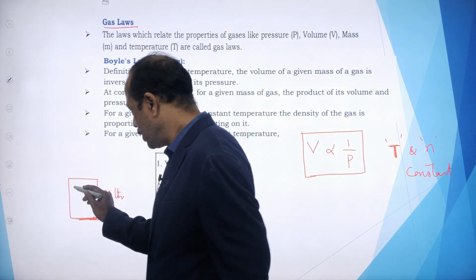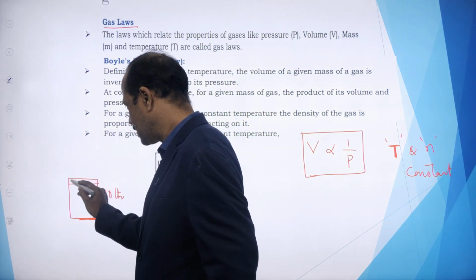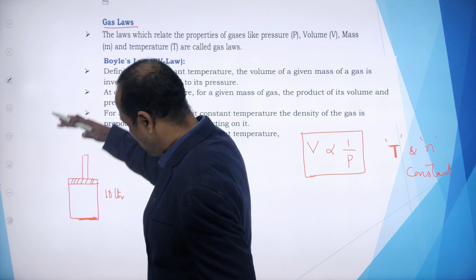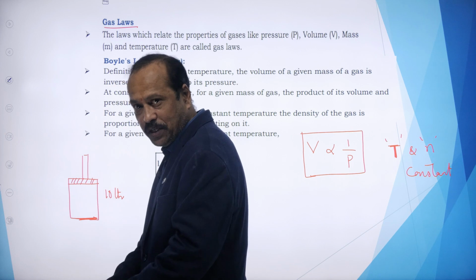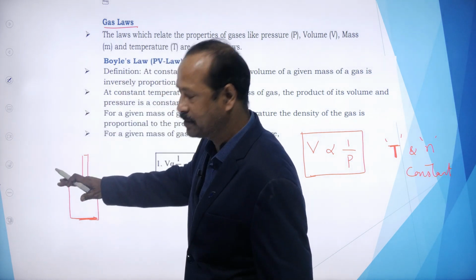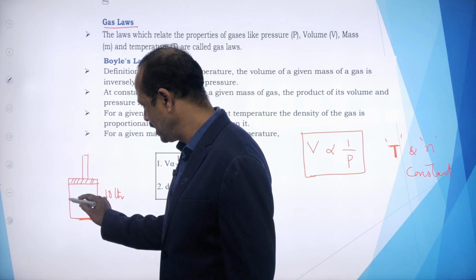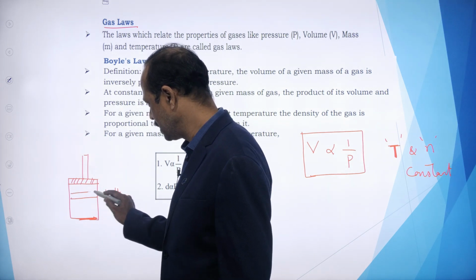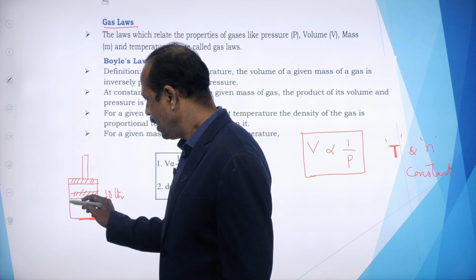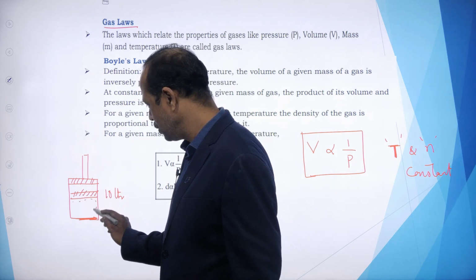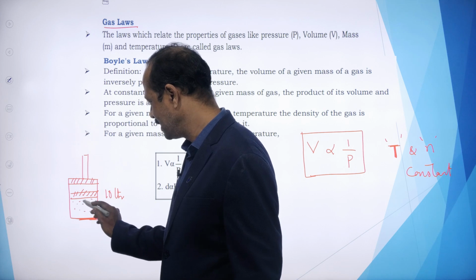Okay. Now, what I do, I'll put one piston here. Piston, you know the piston? And I apply force, meaning I'm applying pressure. I'm pressing it. On pressing, what happens? This piston will be coming here. Now, what about the gas? Now, the total gas is here.